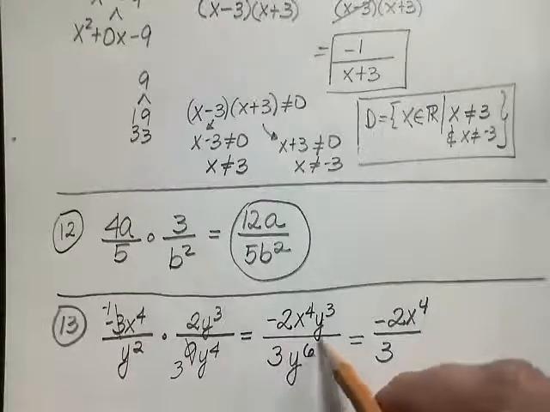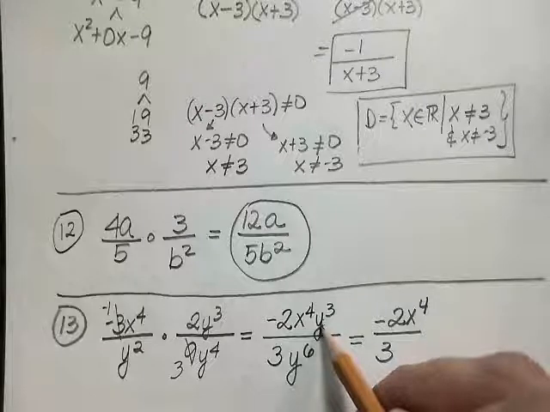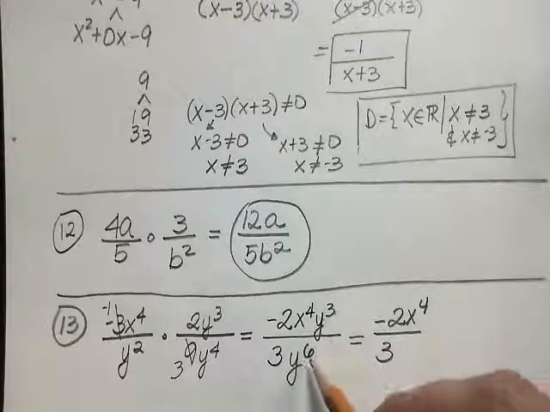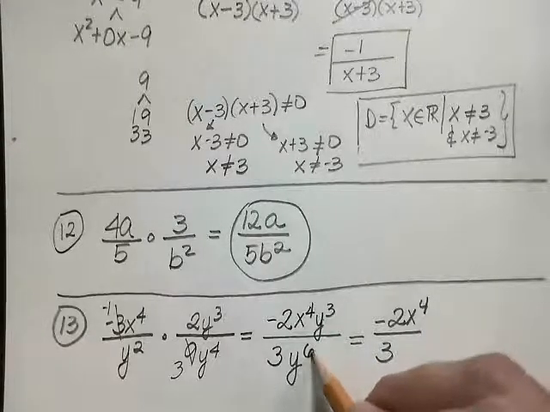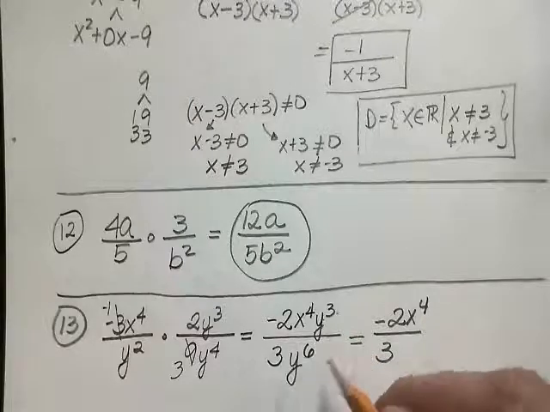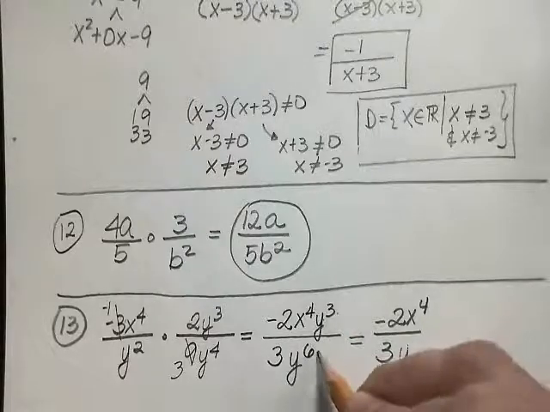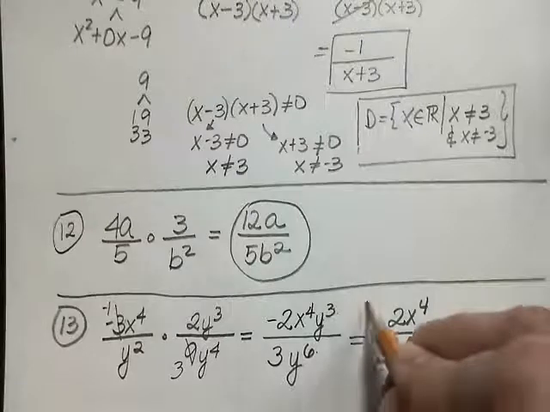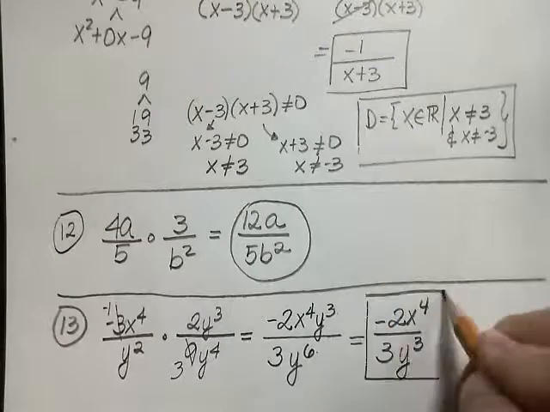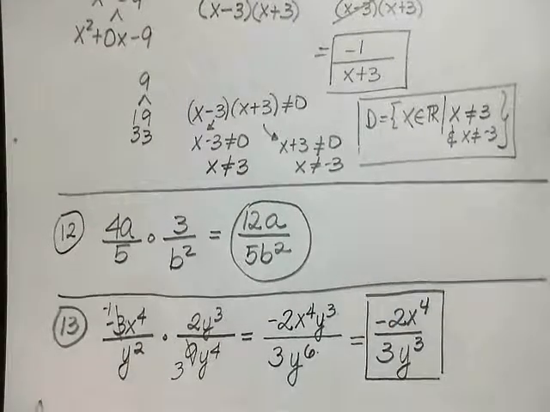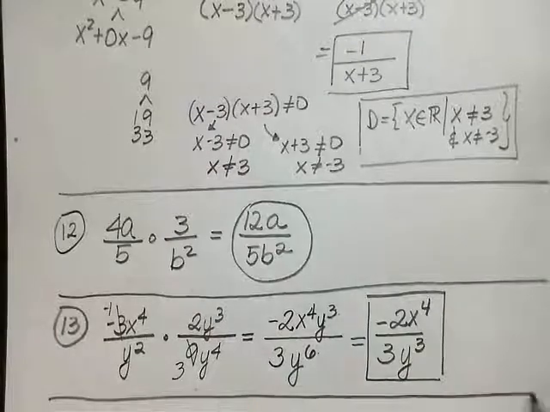If I'm dividing, what do I do with the exponents? I subtract them, and since 6 is bigger than 3, that means the y is going to stay on the bottom, and 6 minus 3 is 3. So that's going to be my answer for this problem. Alright, let's proceed and do number 14.